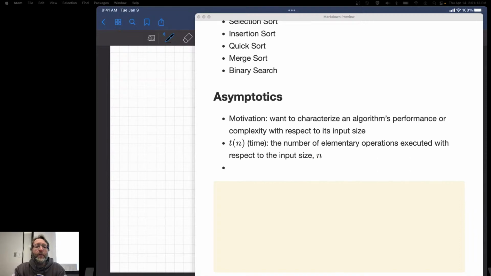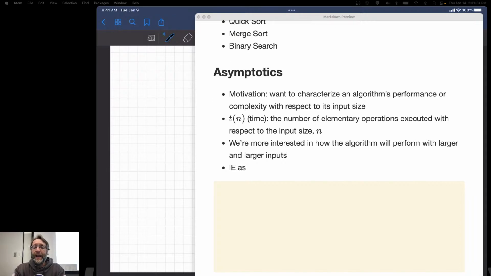And so now we want to know how that function grows with respect to the input. We're more interested in how the algorithm will perform with larger and larger inputs, in other words, as n tends towards infinity. As n grows and grows and grows.